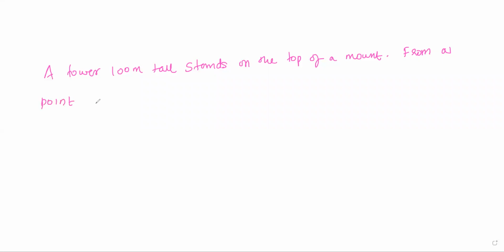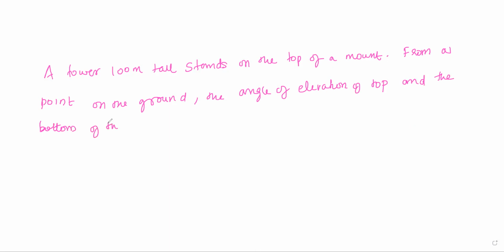From a point on the ground, the angle of elevation of the top and the bottom of the tower are found to be 75 degree and 45 degree respectively. Find the height of the mount.